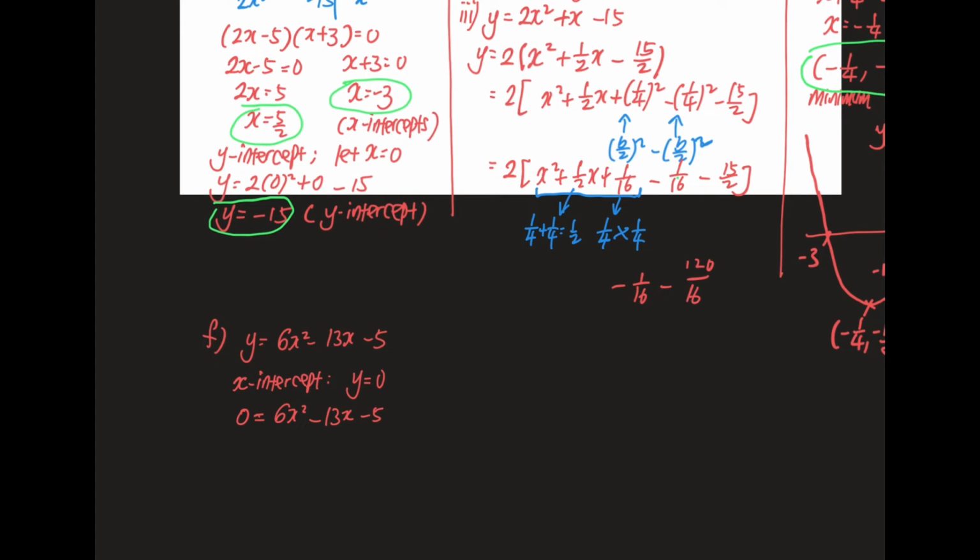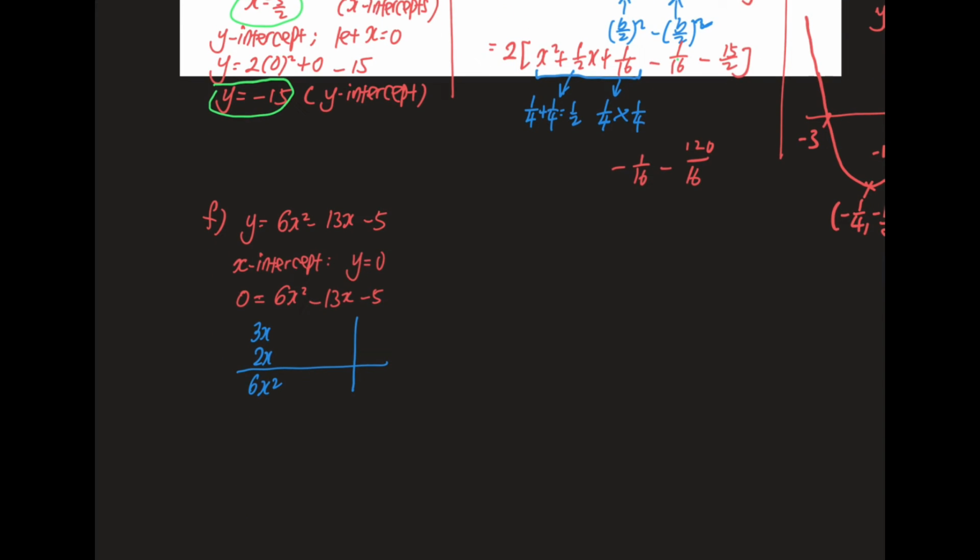So let's say I use this method. I use 3x times 2x becomes 6x squared. Then I have to think of two numbers that multiply to get negative 5. So there are 5 and negative 1.